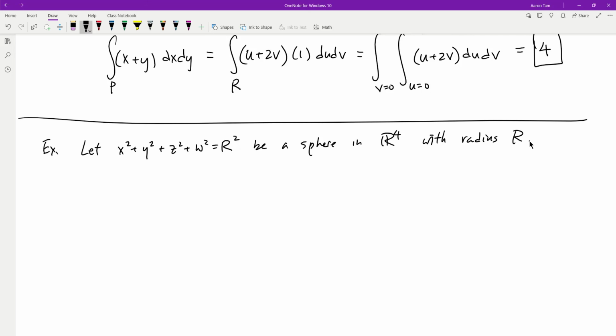R could be 1, or could be 4, or could be whatever it is. I just want to find a general formula for the volume, which is the reason why I just keep it generic R. So what I want to do is find the four-dimensional volume of this sphere.